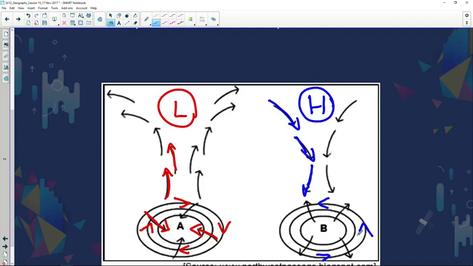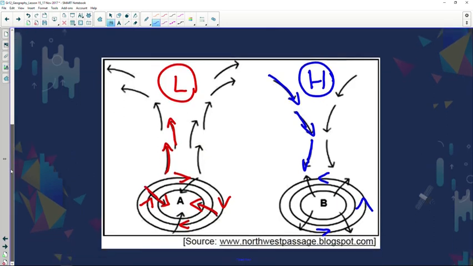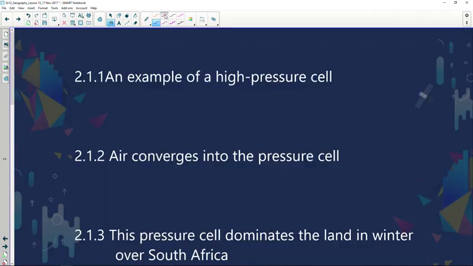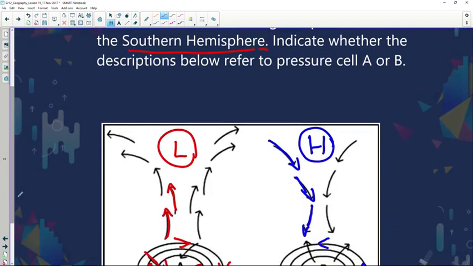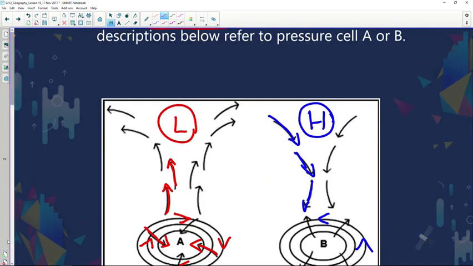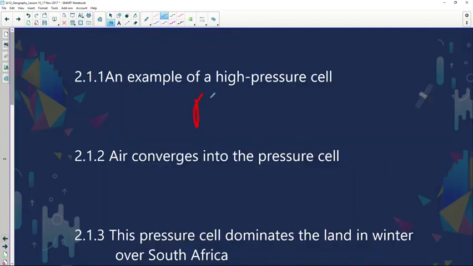Just by looking at the diagram and the arrows, we can get some clue what these pressure cells are. Now the first question, an example of a high pressure cell. We've already established you've got sinking air over there, so the correct answer will be B.